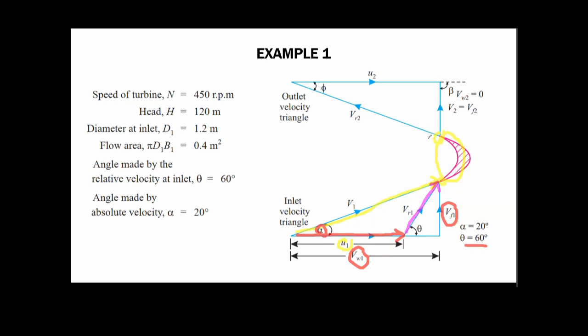And we move on to the velocity triangle at the outlet. Okay, so we have velocity VR2 exiting the vane in this direction.